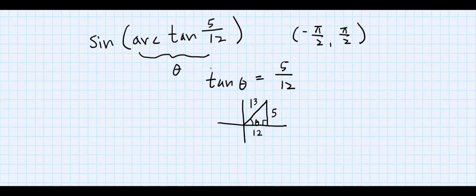So, what is sine of theta now? Since that's theta right here, sine of theta is y over r, which is 5 over 13. Therefore, the final answer is 5 over 13.